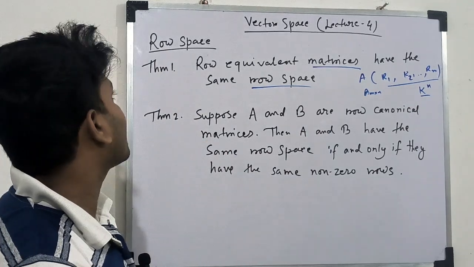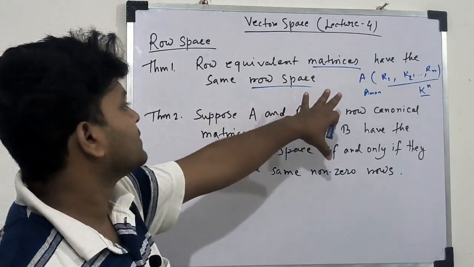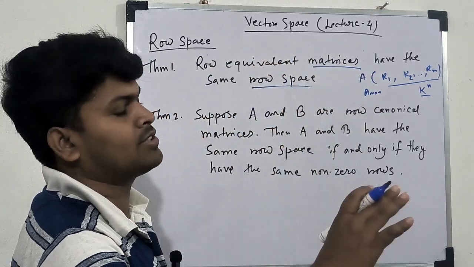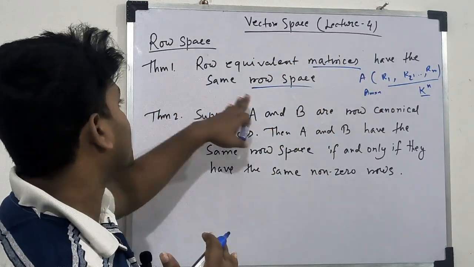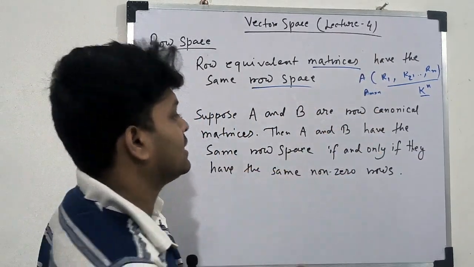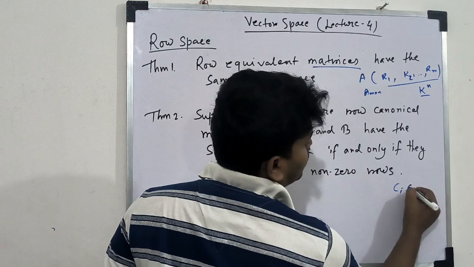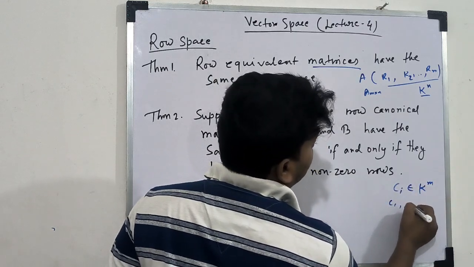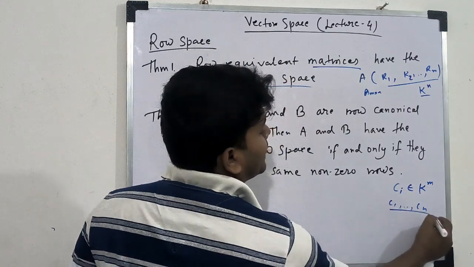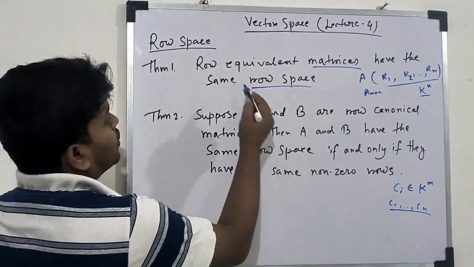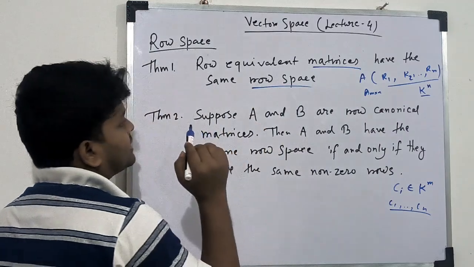Similarly, if we discuss columns, the n columns of the matrix are column vectors that contain m elements, so each column belongs to K^m. So C1 ... Cn will span a space which is called the column space. So row equivalent matrices have the same row space.